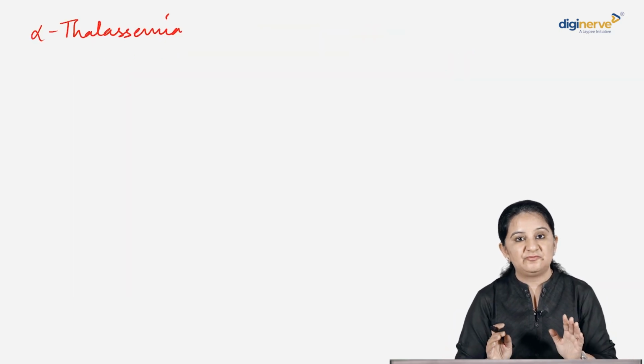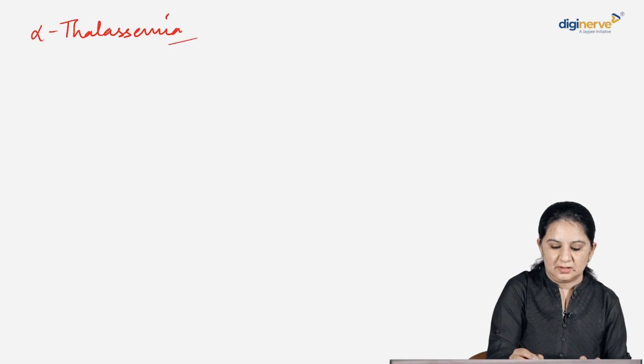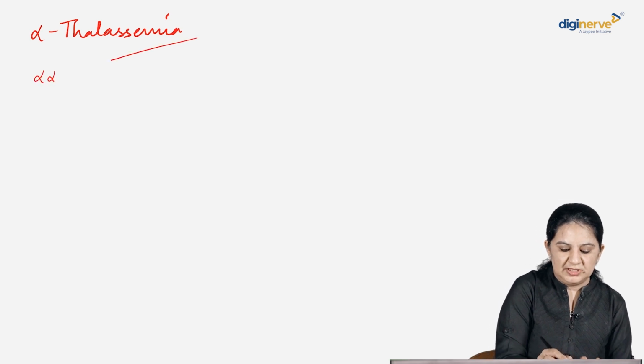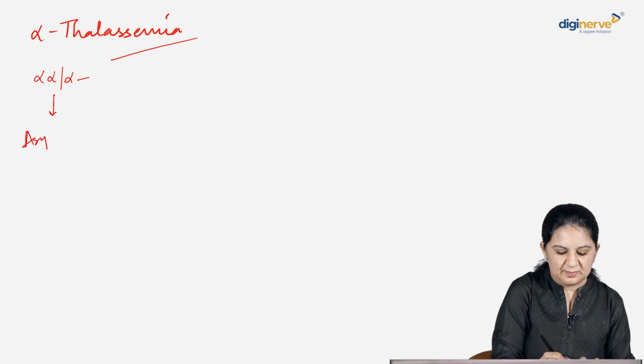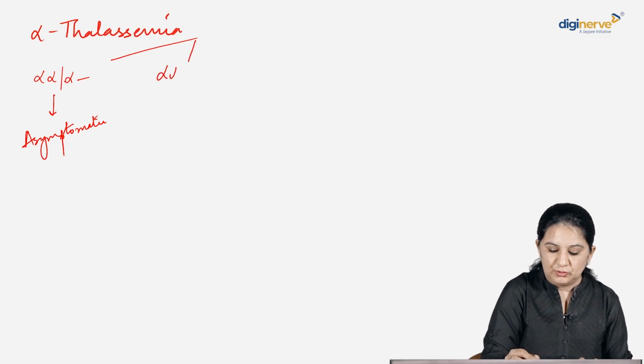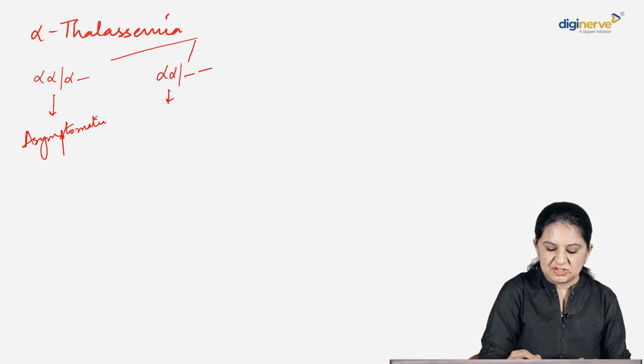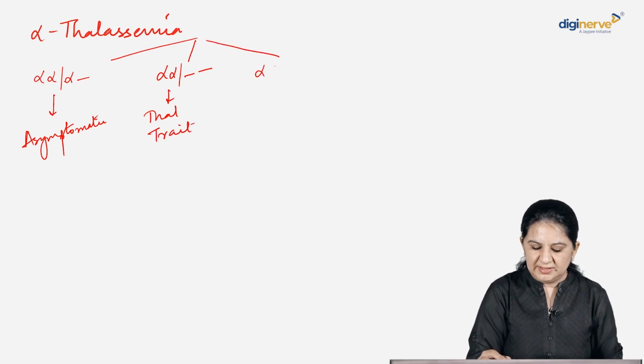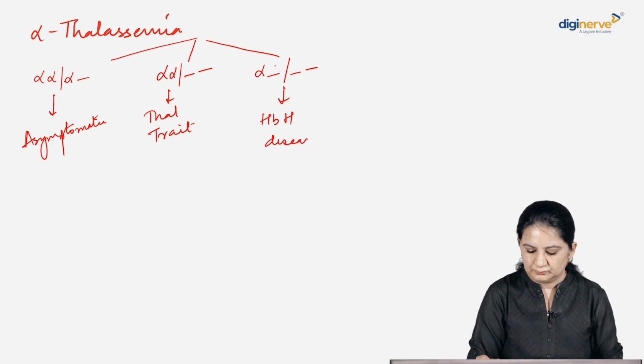So I told you there would be 4 types of alpha thalassemia. First would be deletion of one gene. These patients would be asymptomatic. Deletion of 2 genes. These patients will have thalassemia trait. 3 gene deletion is known as HbH disease.